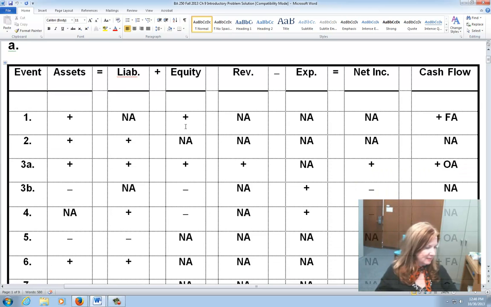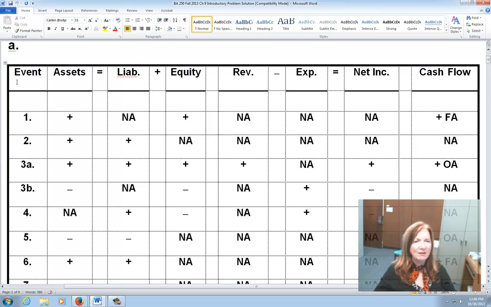Now the way this requirement A analysis works is that we have the event over here on the far left-hand side. We have the assets in one column, liabilities in a column, equities, revenues, expenses, net income, and cash flow across the top.